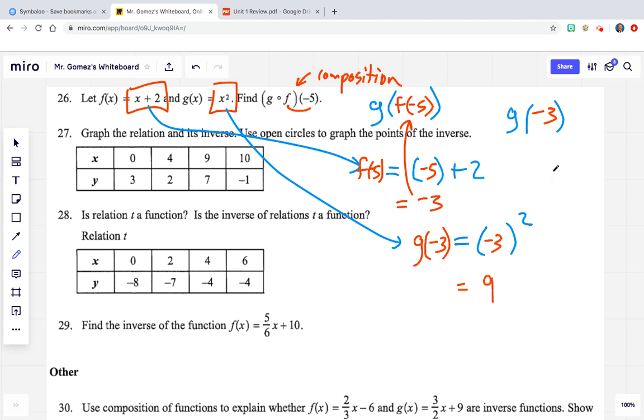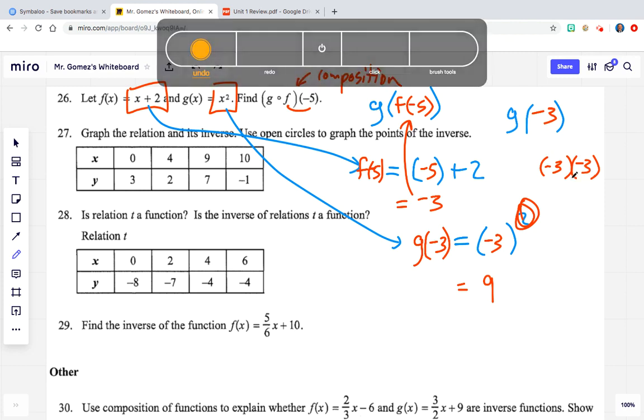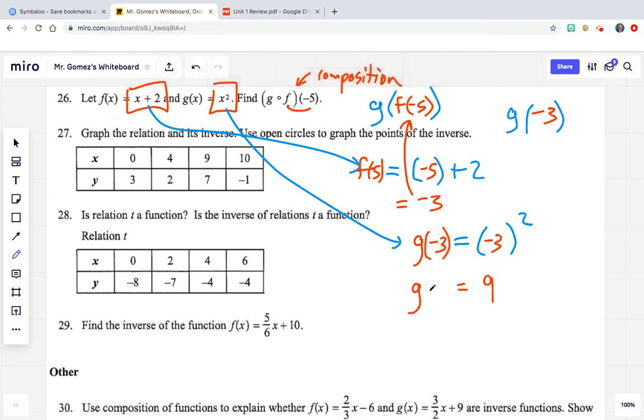Because what this is doing is it's taking -3 two times, and it's basically multiplying itself with itself. So a negative times a negative is a positive, and a 3 times 3 is 9, thus giving you a +9. If you're not careful with these parentheses, okay, so the answer on this piece would be a 9.